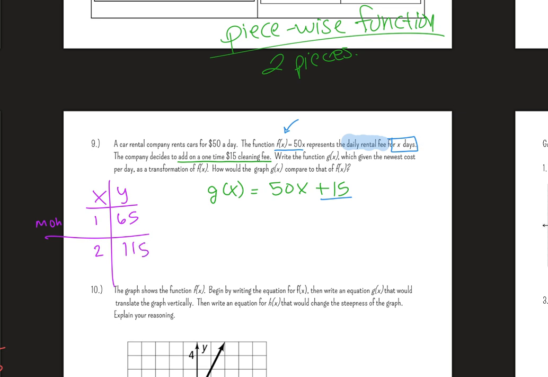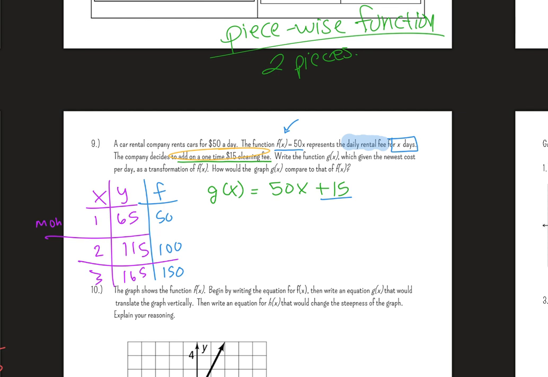Well, let's go with our original, we'll call it F. You would have only paid 50. You would have only paid 100. And then to keep proving this to ourselves, if you did 3 days, that's 150 plus 15, that's 165. If you did 3 days in the old model, it's just 150. So actually, yeah, that is a one-time cleaning fee of $15.